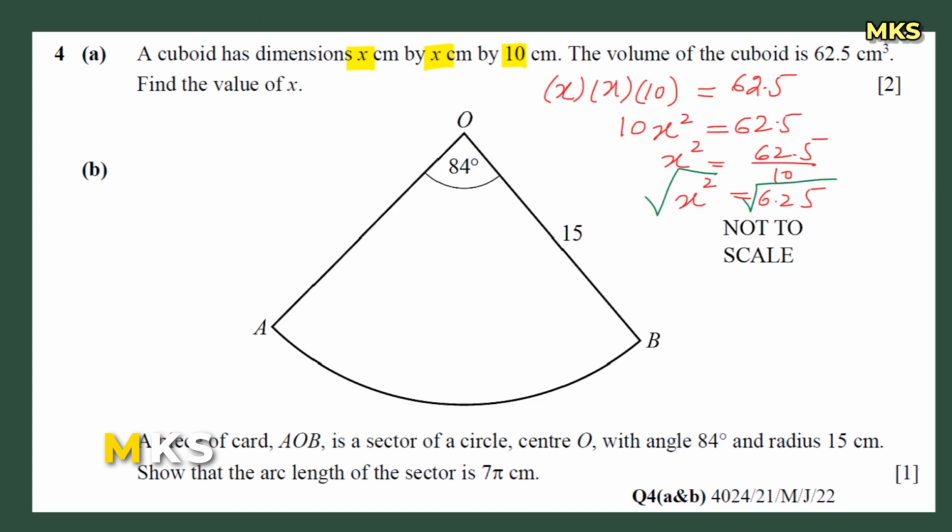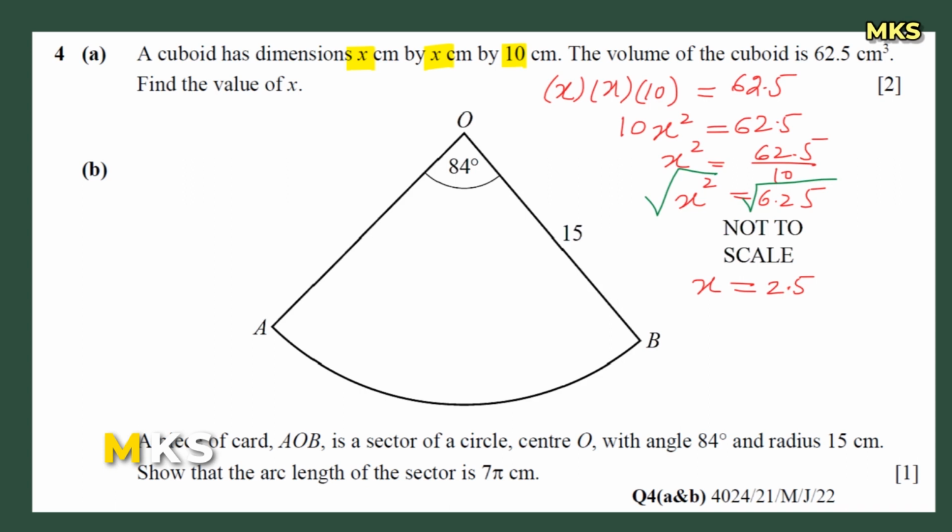To find the value of x, we will take the square root of both sides. So the square root of x square is x, and that is equal to the square root of 6.25. That has the square root 2.5, I think so. Let me check it. Yes, because 625 is the square of 25.